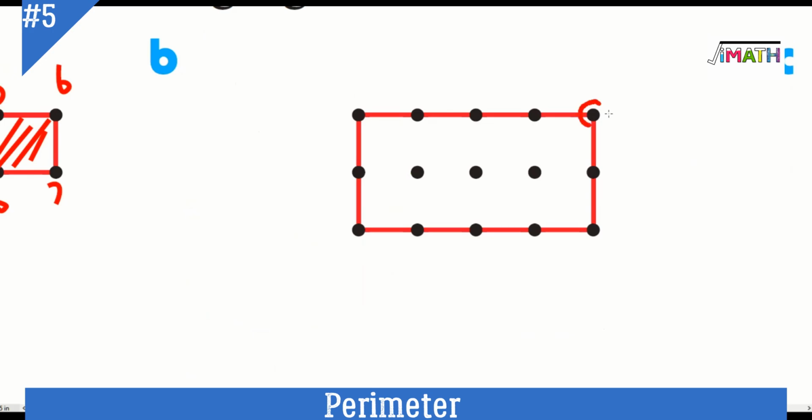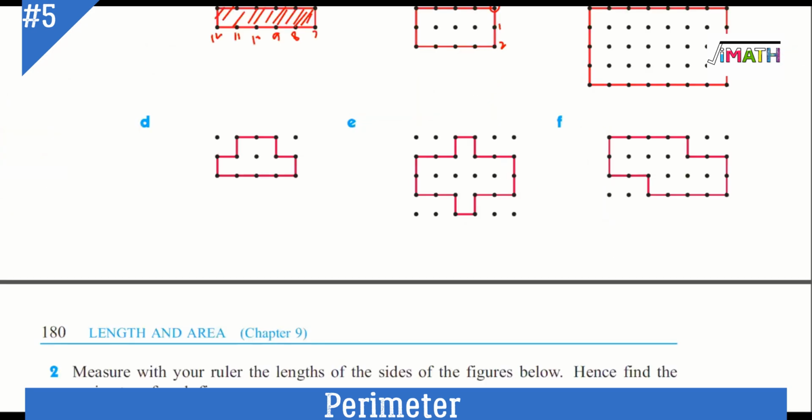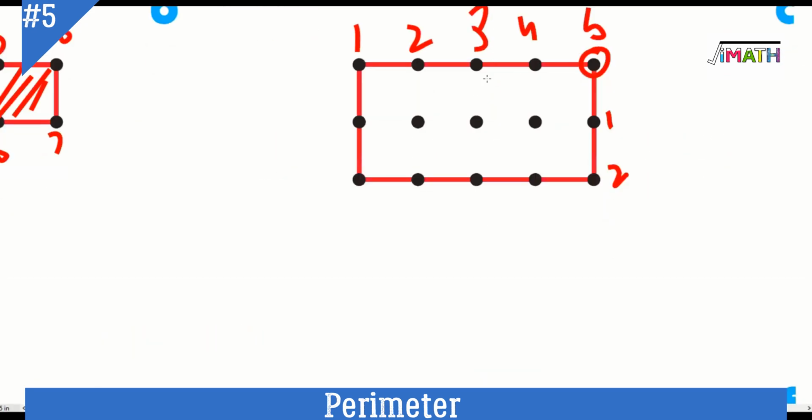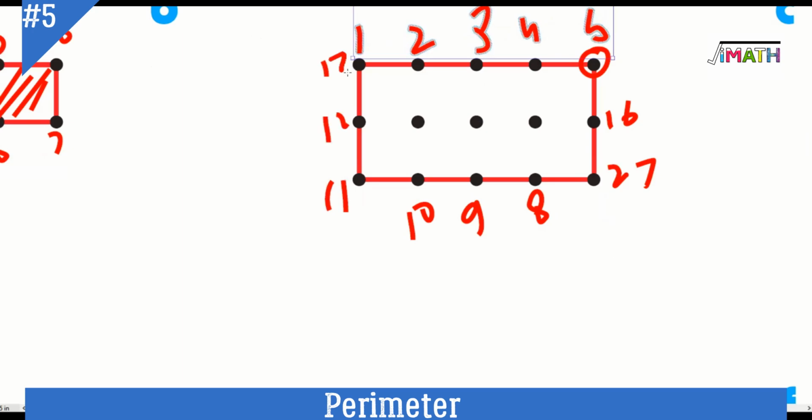You have already added this one, so it's going to be 1, 2. You start counting after that. So in other words, it's going to be 1, 2, 3, 4, 5. That's going to be the length of the upper side. And if you continue this, you would get 6, 7, 8, 9, 10, 11, 12, and 13. You don't count it twice.